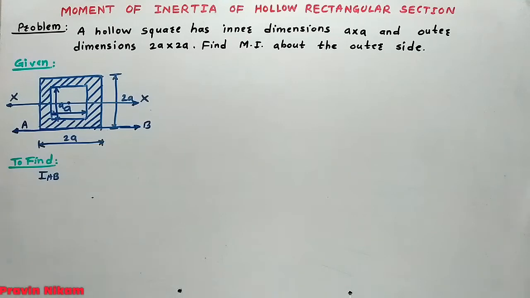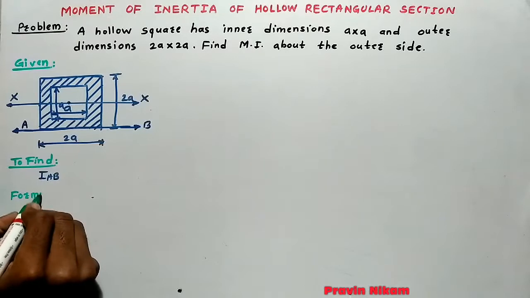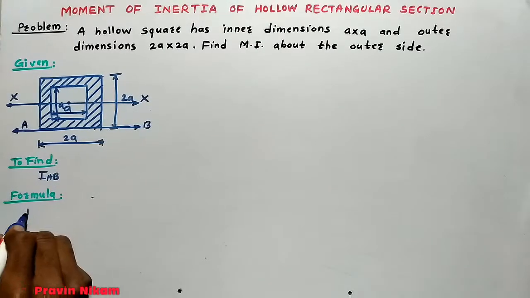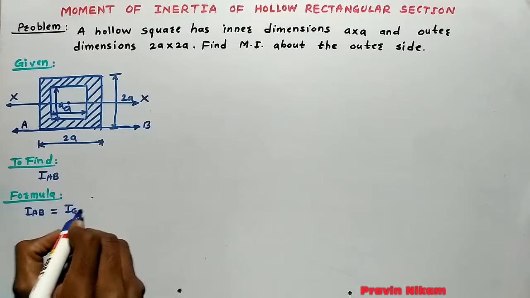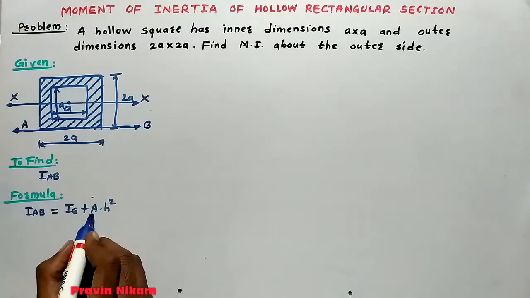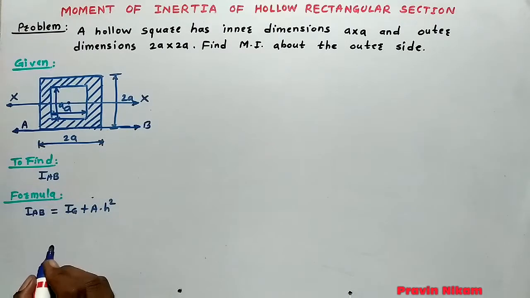And we require the parallel axis theorem. The formula is IAB is equal to IG plus A into h square. A is the area of this hollow square section.